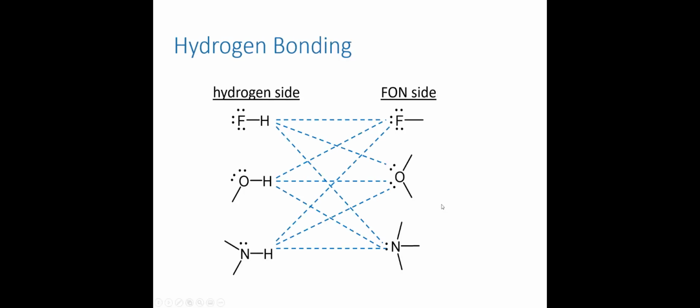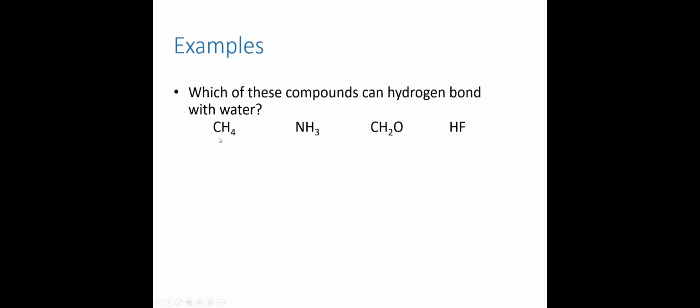When I say that, what I mean is that water has both the hydrogen, which is bonded to a phone, F-O or N, and it has an oxygen with lone pairs. In order to make hydrogen bonds, you only need to have one or the other when you put something in contact with water.